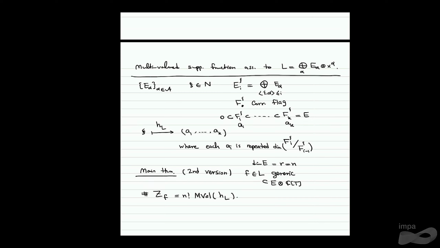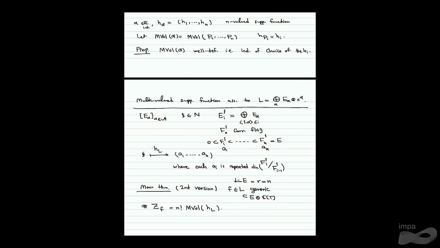And those characteristic polytopes are one way of representing this multi-valued support function. There might be different ways to represent it as a sum or difference of polytopes, but all the answers agree.